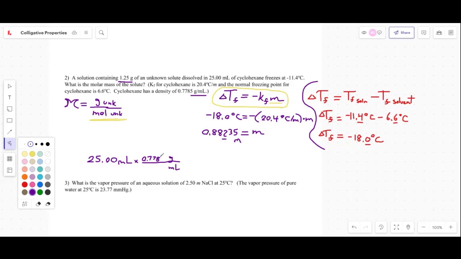I can just write it like this: 0.7785 grams over 1 milliliter. And now that I have grams, I can convert that to kilograms, right? Yes. So I want the solvent. This is the solvent, and I need kilograms of solvent to calculate the moles of solvent.